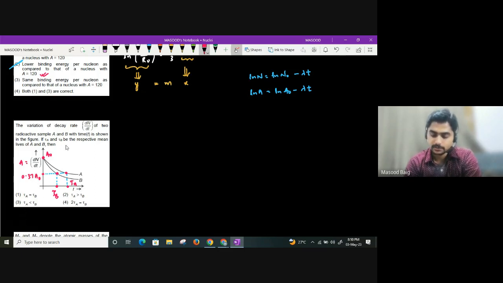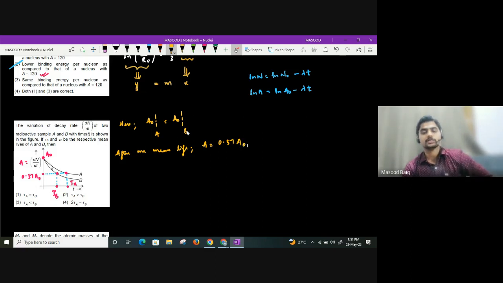Is initial activity same for both A and B? Yes, here you can see initial activity for A is equal to initial activity for B. Because initial activity is same, after one mean life or after one average life, what will activity become, beta? It will become 0.37 times the initial activity.